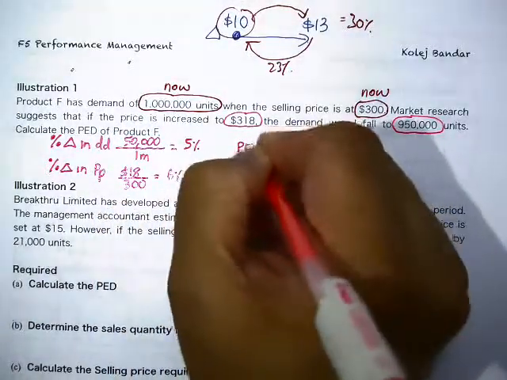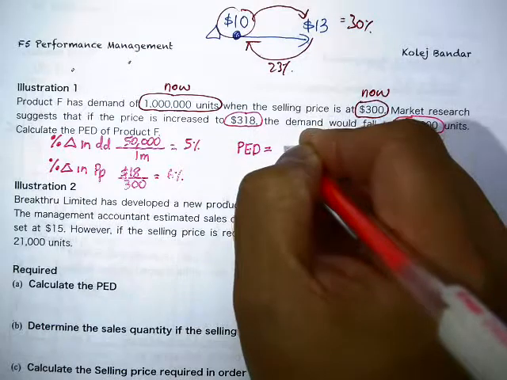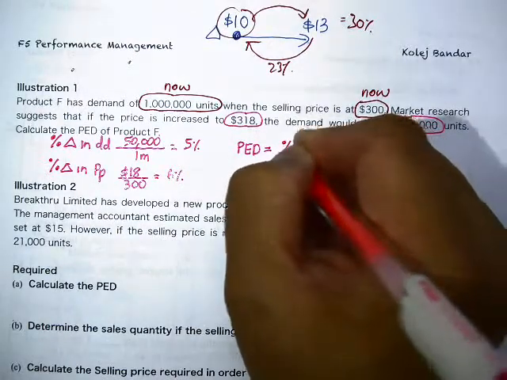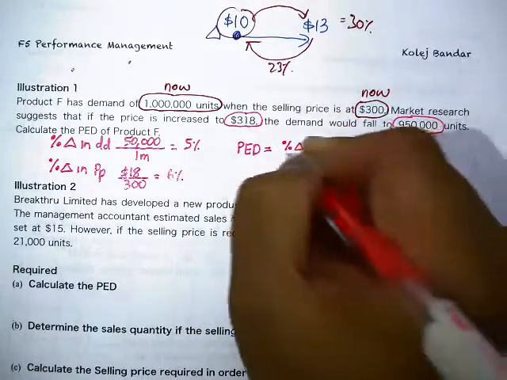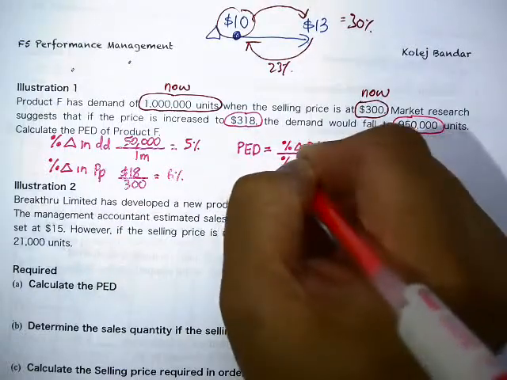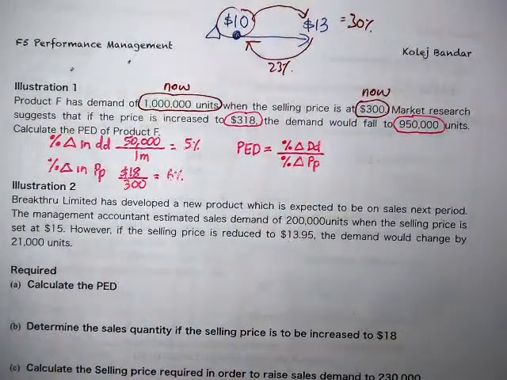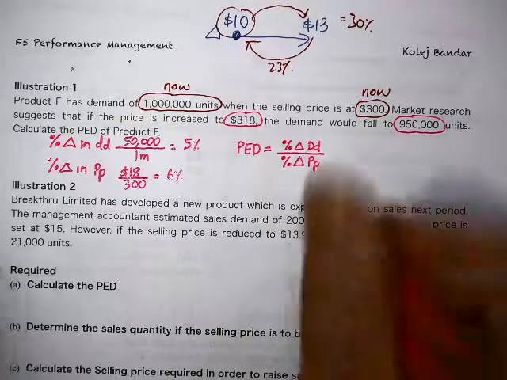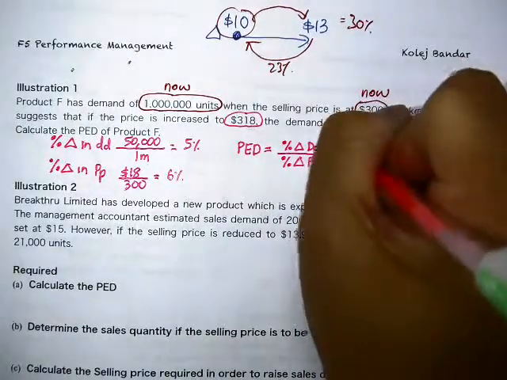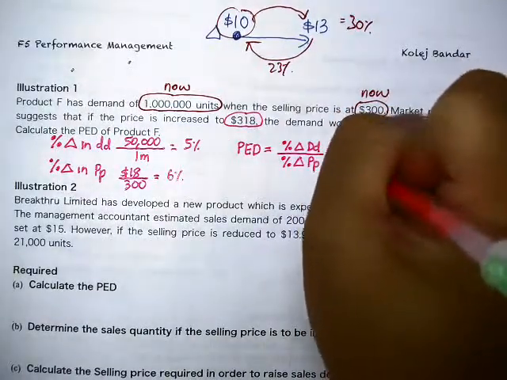Now PED is percentage change in demand over percentage change in price. Demand is on top, price at the bottom. So if the change in demand is 5%, price is 6%. So it's 5 divided by 6.